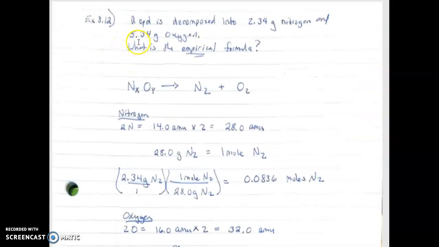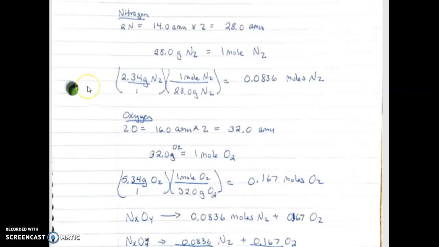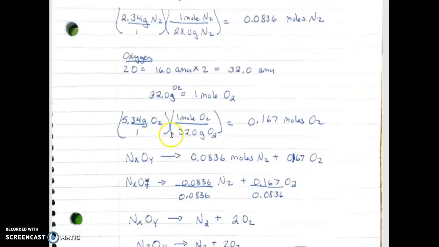We're given that we have 5.34 grams of oxygen in our problem, and I will multiply it by this conversion factor, because I want the 32.0 grams of oxygen in the denominator, so that the grams of oxygen cancel and I'm left with moles of oxygen. So again, I have three significant figures. I have 0.167 moles of oxygen.